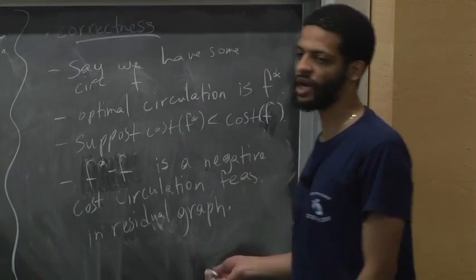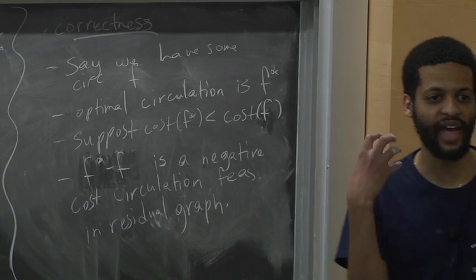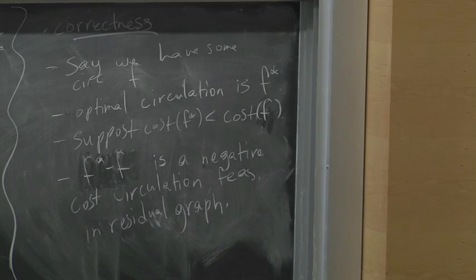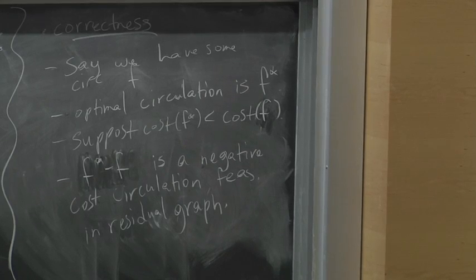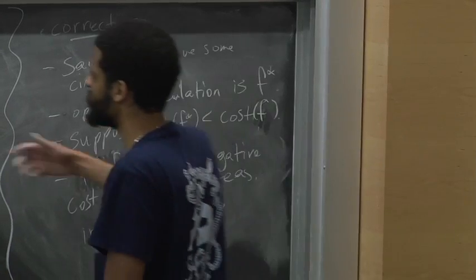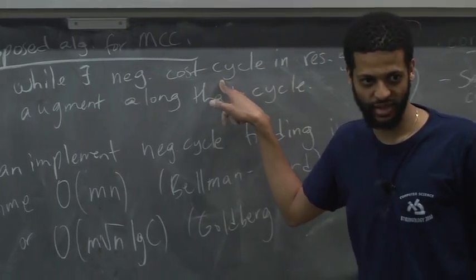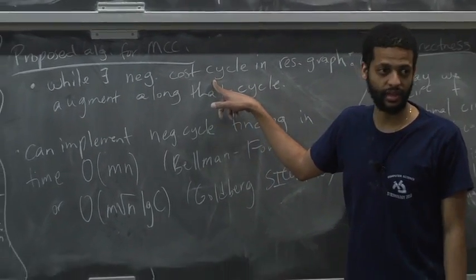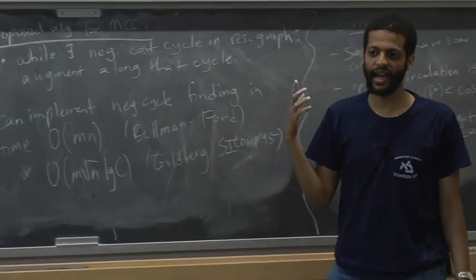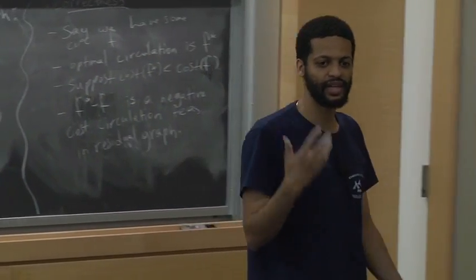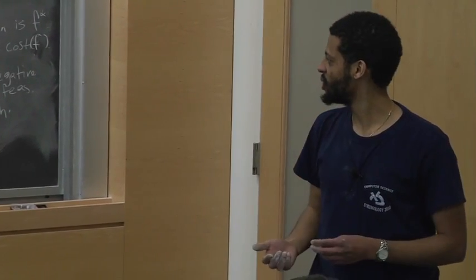So if we're not at the optimal, it means our residual graph has a negative cost circulation. But we're not just looking for negative cost circulations. We're looking for negative cost cycles. But I claim that any circulation decomposes into about M cycles.